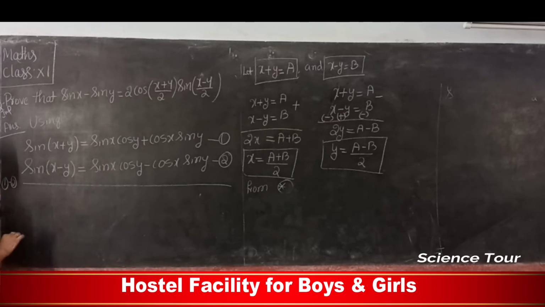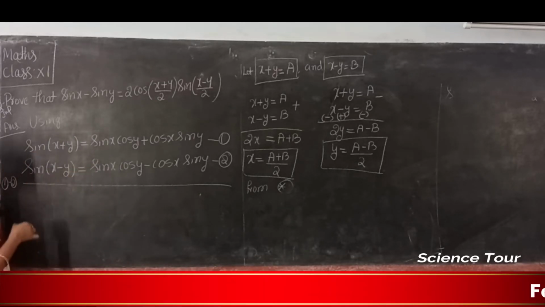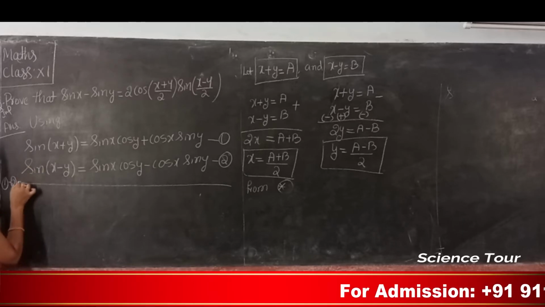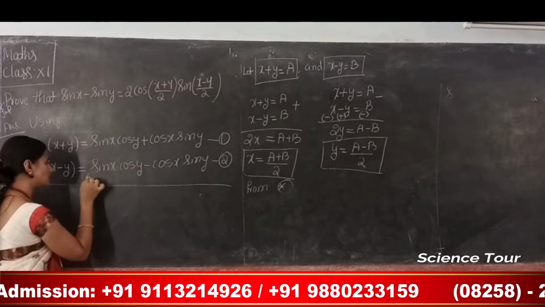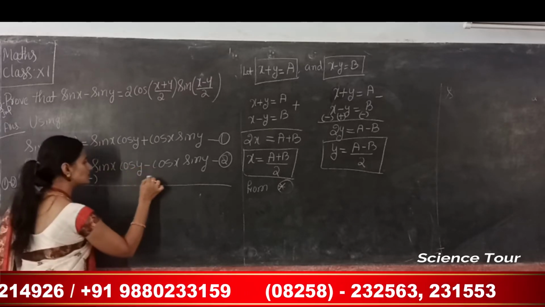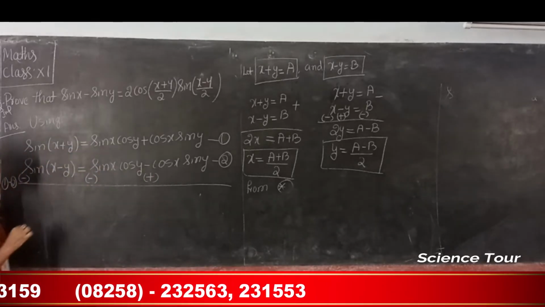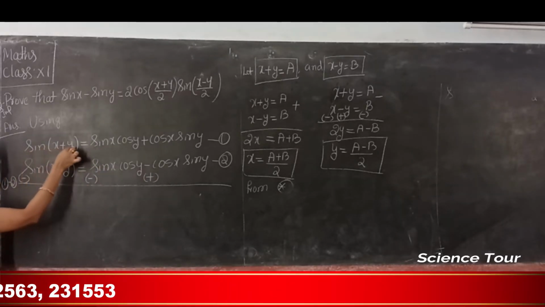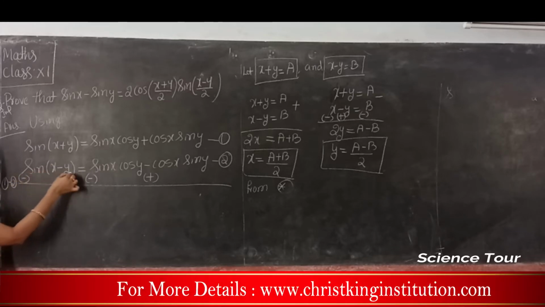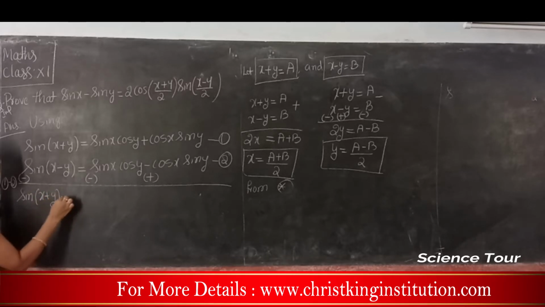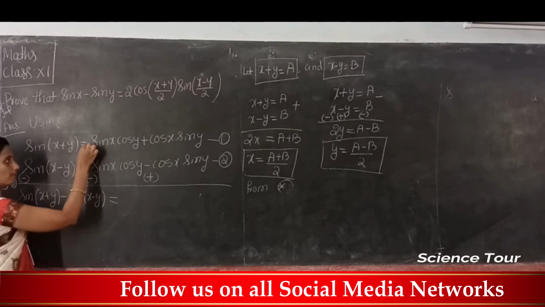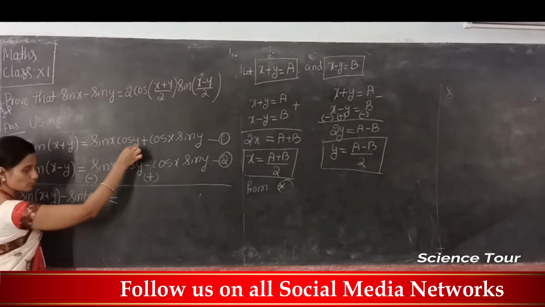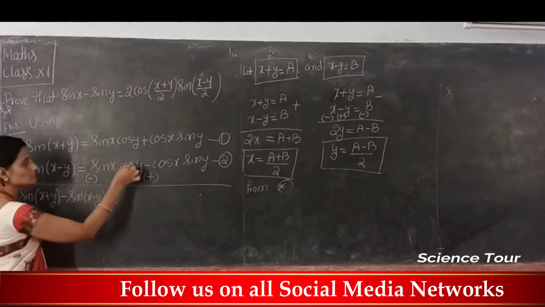While subtracting, equation number 2 changes its sign. So plus sin x minus y changes as minus, plus sin x cos y changes as minus, minus changes as plus, right? Now sin x plus y minus sin x minus y is equal to plus sin x cos y minus sin x cos y.